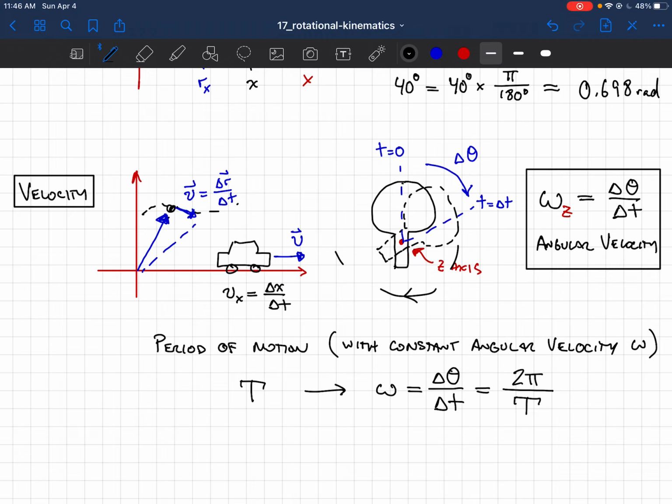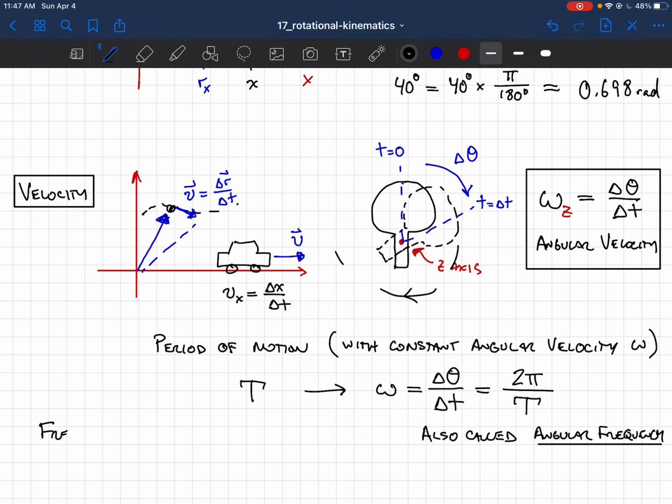And for that reason, we also call it the angular frequency. And why do we call it the angular frequency?